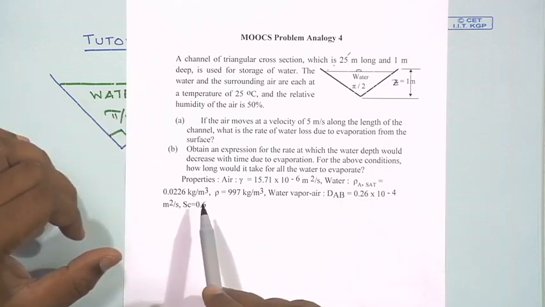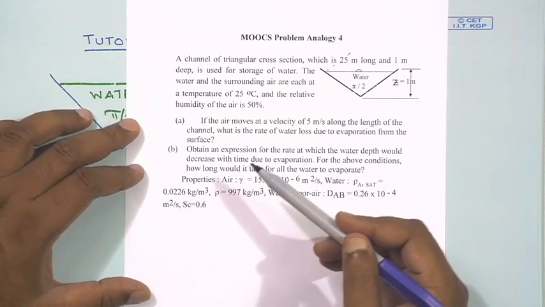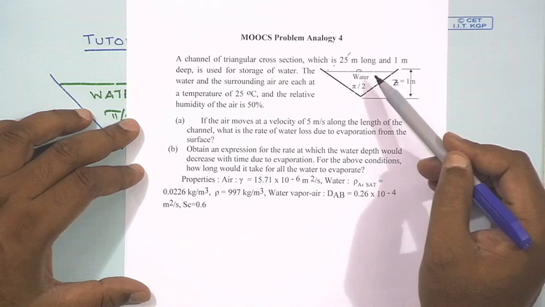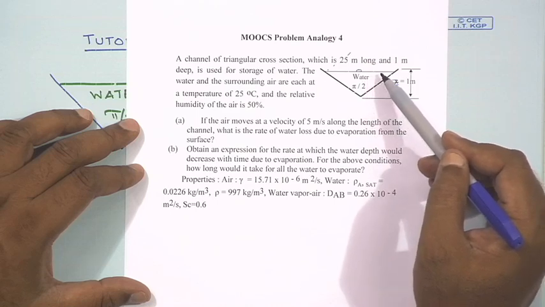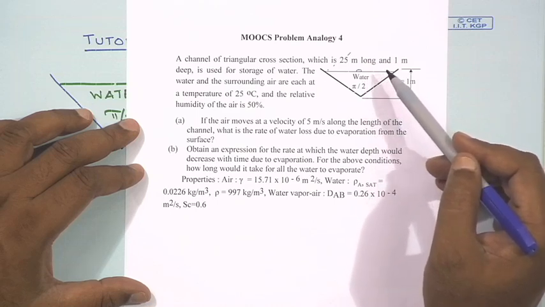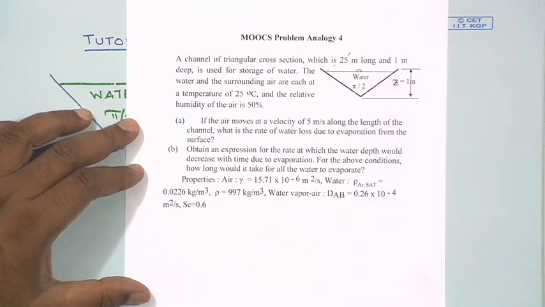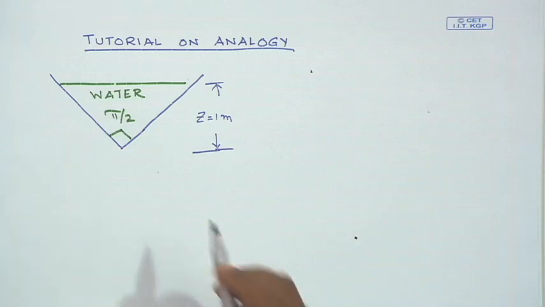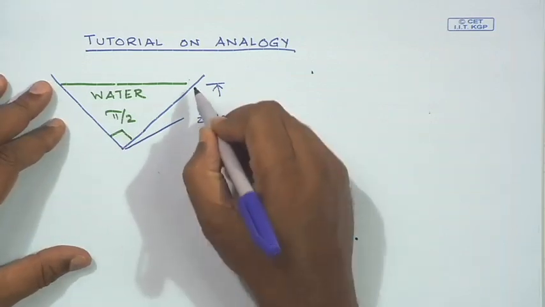So, it is a rather straightforward problem of flow over a flat surface, involving evaporation from the flat surface of water, and we need to calculate the rate of water loss due to evaporation from the surface. I have drawn it in a slightly enlarged fashion over here.